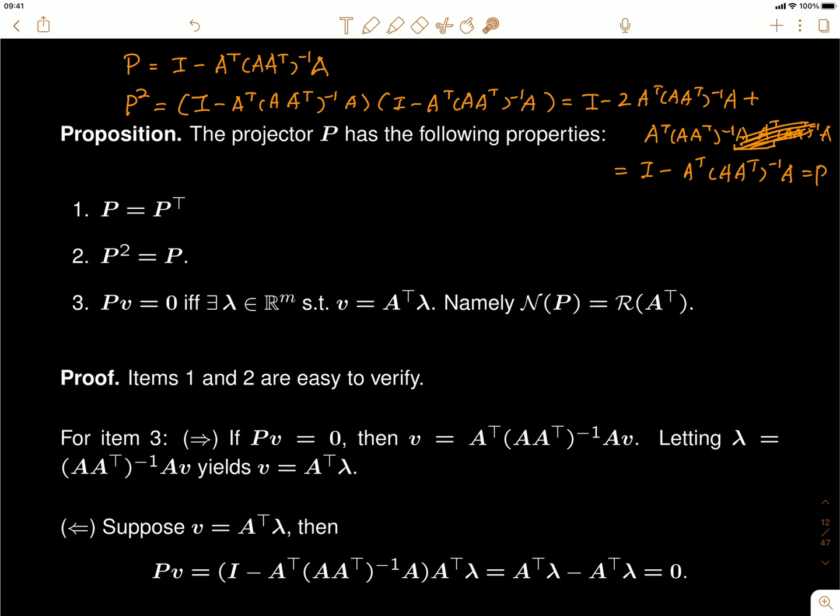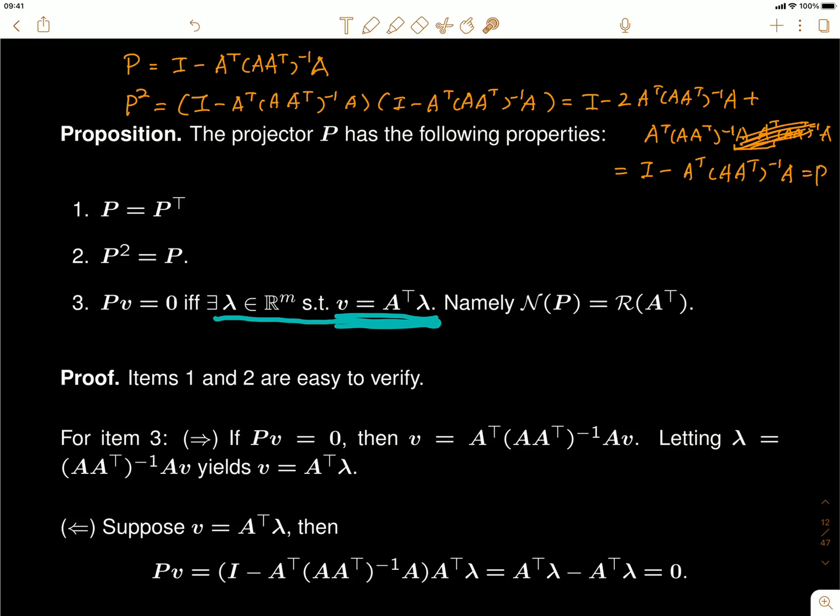Okay, and what that means is if you project some vector V, you get 0. In this case, that means V is in the null space of P. And this is true if and only if there exists lambda such that V equals A transpose lambda, and here this means that V is in the range of A transpose.